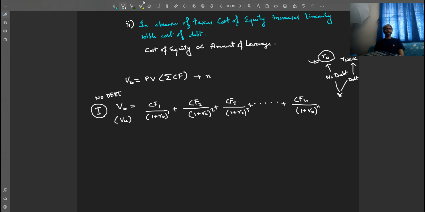When there is debt, case 2, how do we calculate the value?